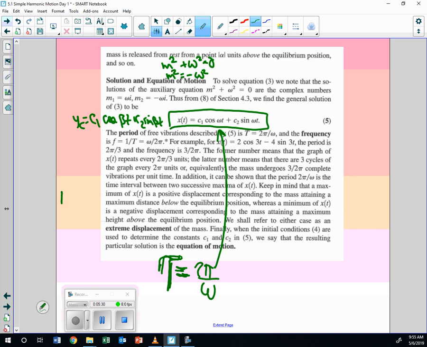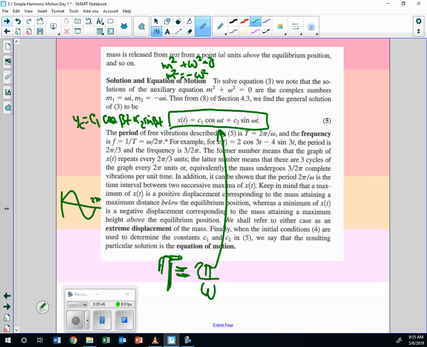And you know that because if you had a sine curve and it went to 2 pi, that would be 1 cycle. So if omega was 2 pi, we'd have 1 for your period.